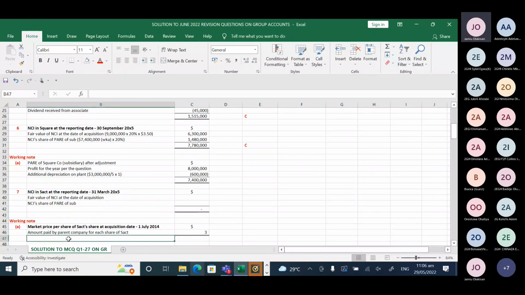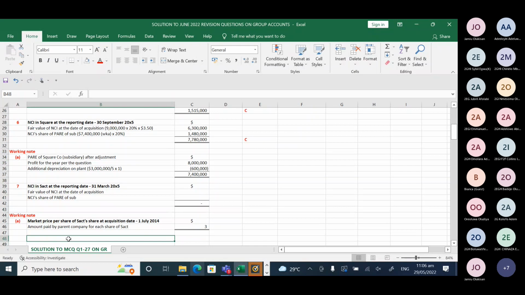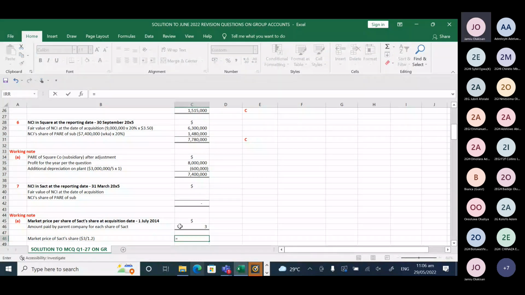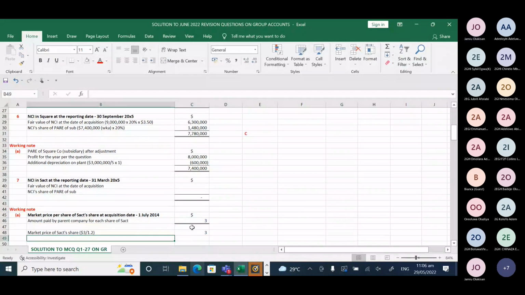I will now come down and say the market price of SAC share, right? That should be that 3 divided by 1.2. So equal this figure divided by 1.2.